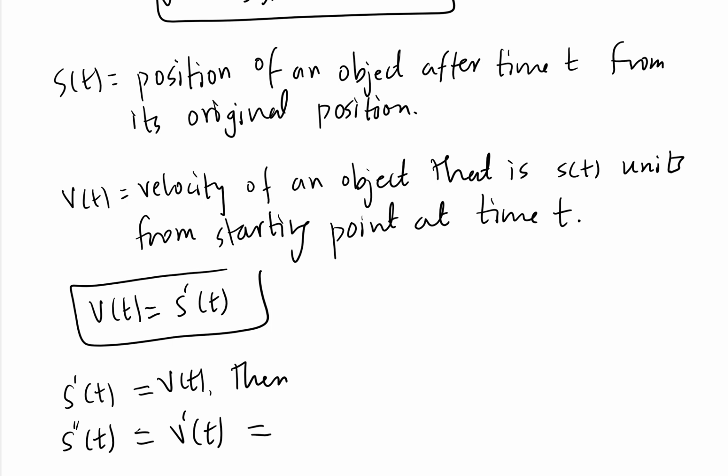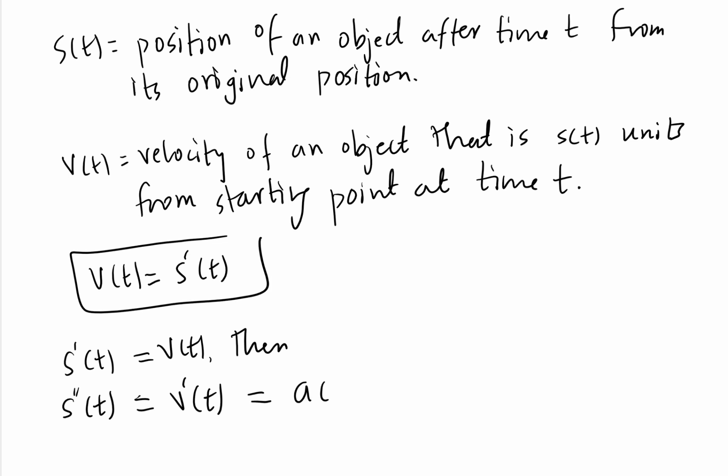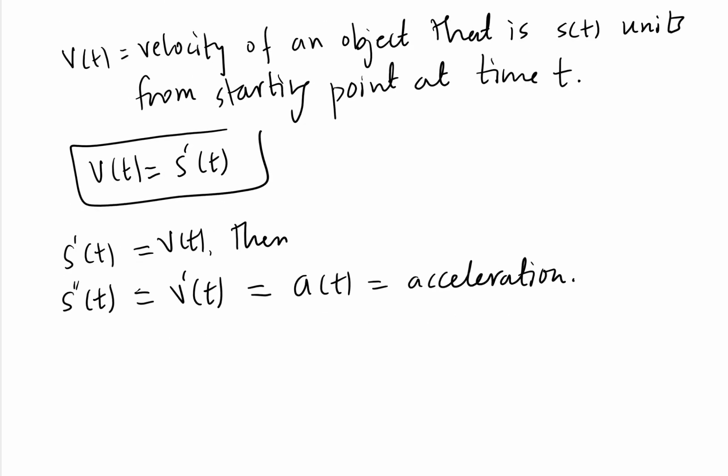This v prime of t is called the acceleration, a of t. I'm going to write an example down.